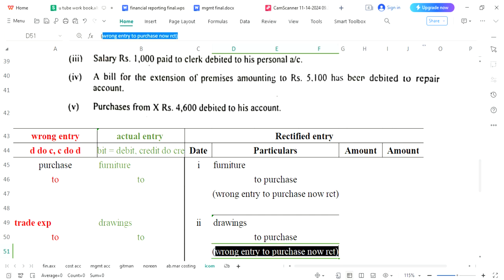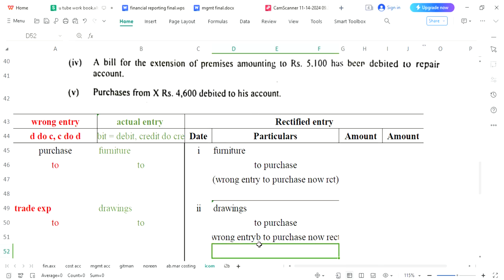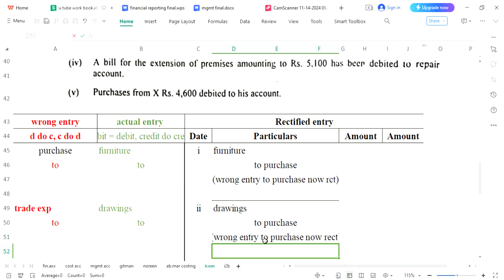So you will write wrong entry to purchase, now rectified. So guys, in this way, wrong entry to purchase, now rectified.